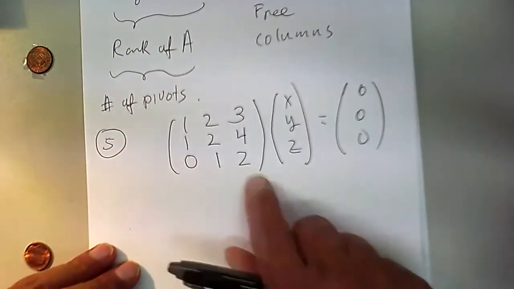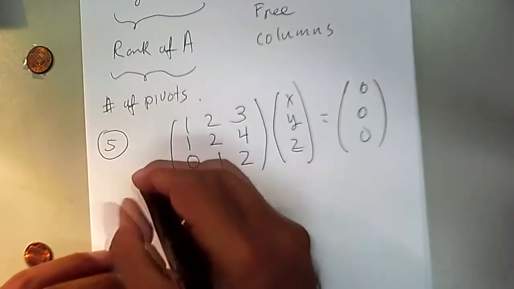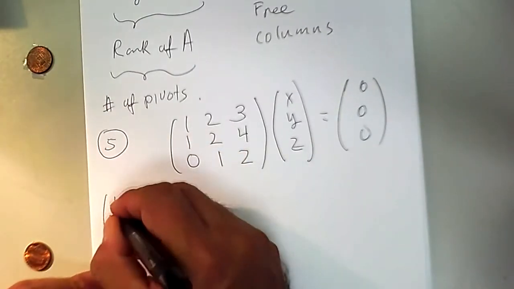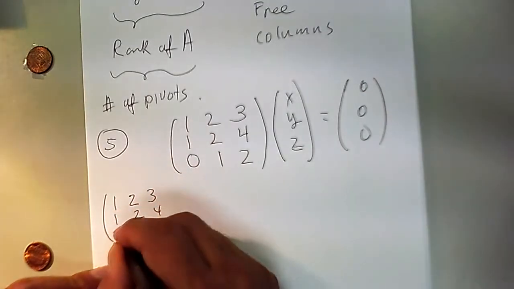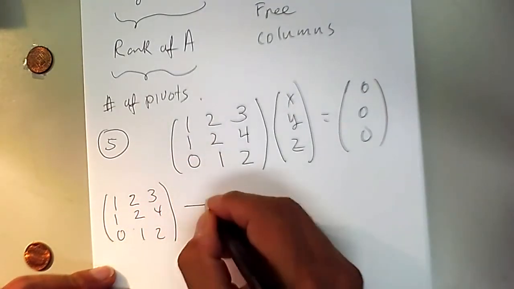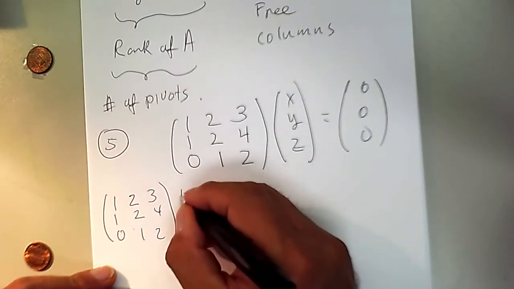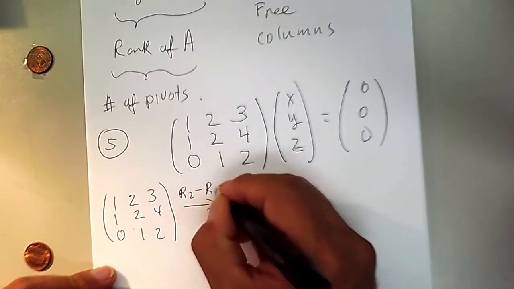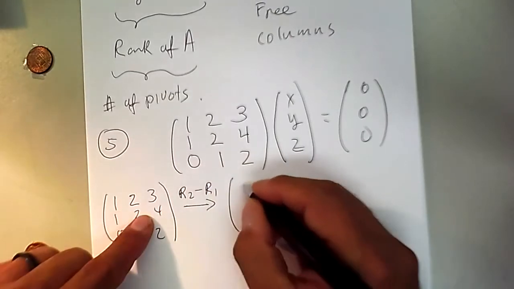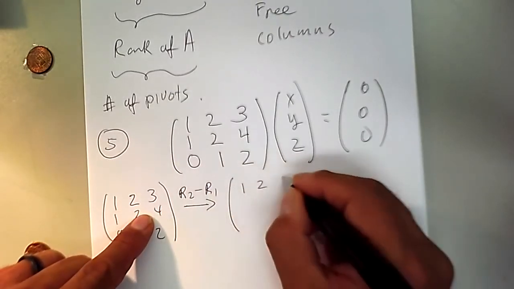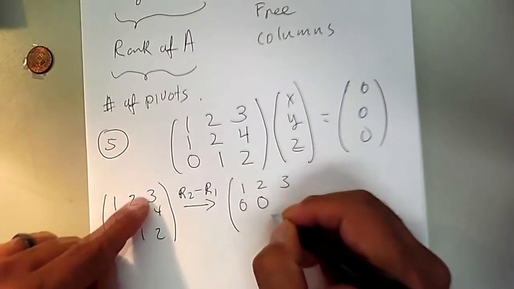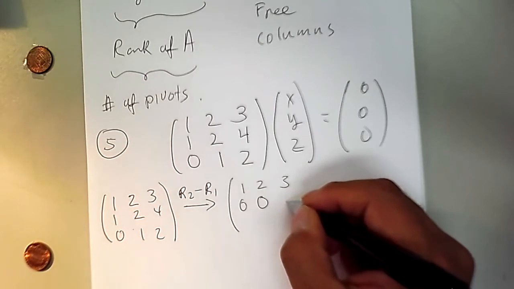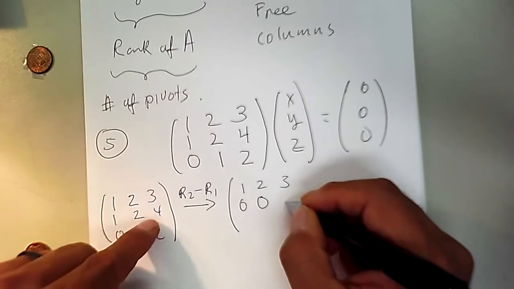So instead of writing the whole equation, I'm just going to go ahead and work this matrix through: 1, 2, 3, 1, 2, 4, 0, 1, 2. So we're going to transform this by taking the second row and taking away the first row from the second row. So the first row is going to remain as is, 1, 2, 3. 1 minus 1, 0, 2 minus 2, 0, 4 minus 3 is 1.